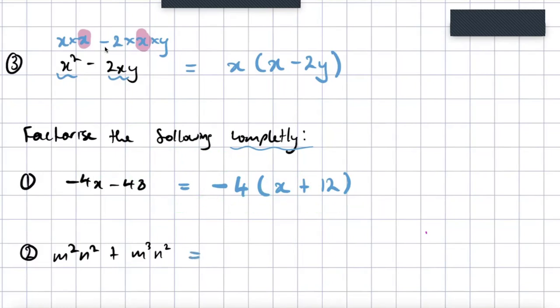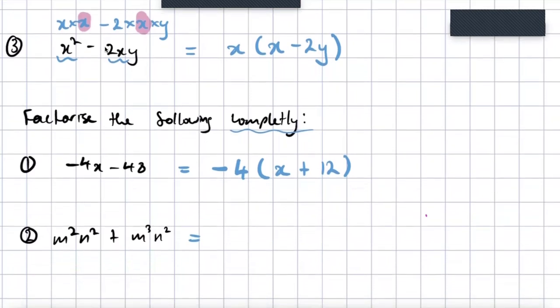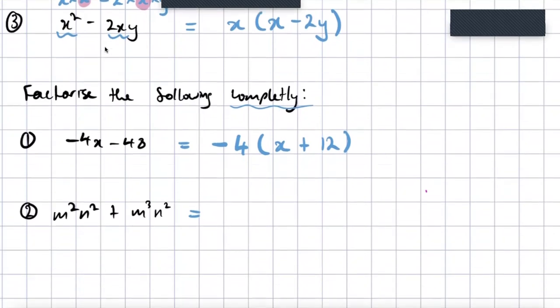Okay, now on to the next one. Looking at this, what you want to do if you have complicated expressions that have multiple variables that need to be pulled out, you want to look for the highest power that is across both of them, depending on the variable. So we're going to do this across 2 steps so you can see what's happening. I'll do the first step in blue. I'm going to be looking in particular at the m's, okay?